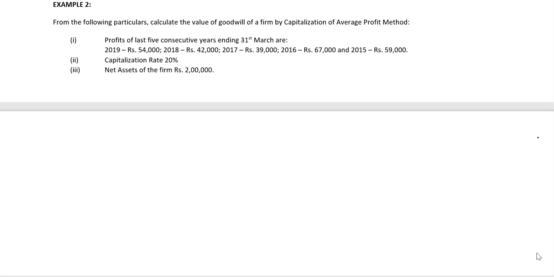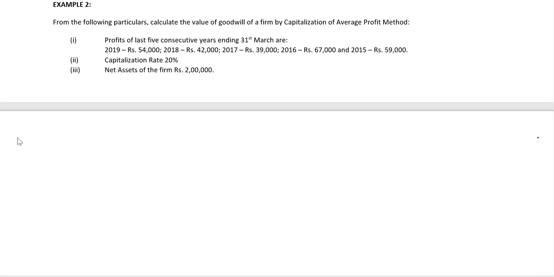For 2017, rupees 39,000. 2016, rupees 67,000. And 2015, rupees 59,000. The capitalization rate is 20%. And the net assets of the firm is given as rupees 2 lakh.